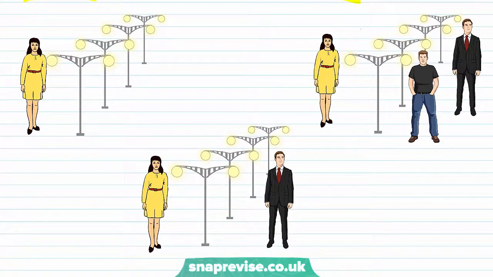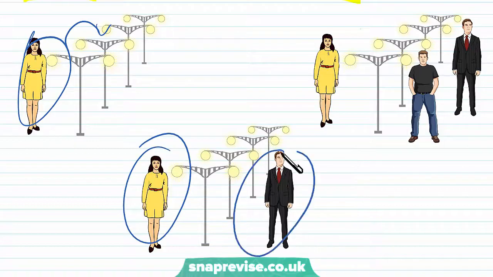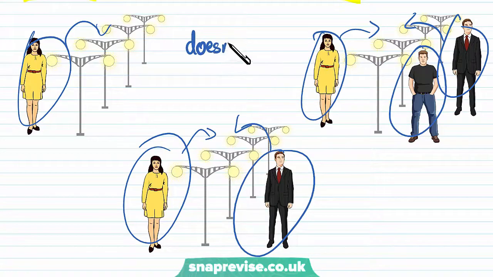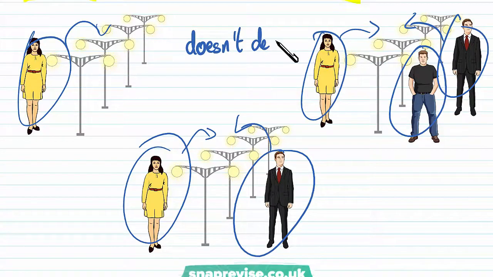So in the context of our street lighting example, if just one person is consuming the lighting, or two people, or even three people are all consuming the lighting, this won't change what an individual's consumption of that light is. And hence we would say it is non-rivalrous. So what this means is that if more people are consuming the light, this does not decrease the availability of light sources to other people.